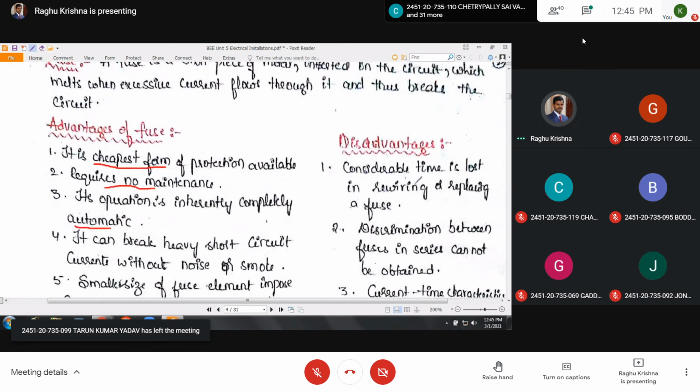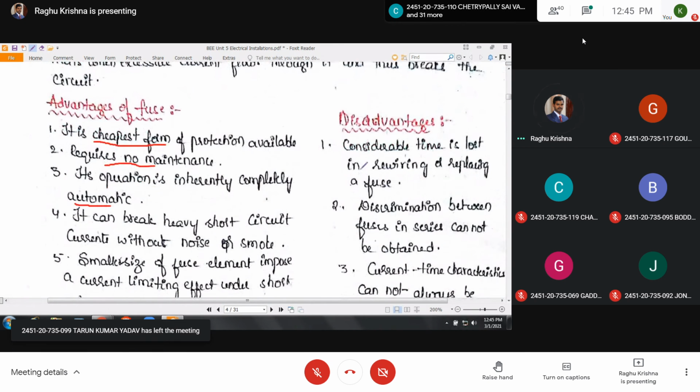Disadvantages of the fuse. So here, considerable time is lost in rewiring or replacing a fuse. If you want to replace the fuse, if an HRC fuse is there, we have to replace it. If you have a kitkat fuse, we have to rewire the fuse.